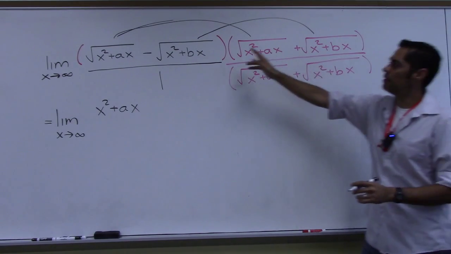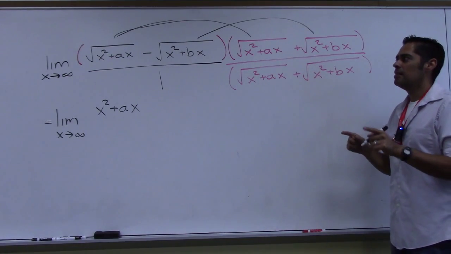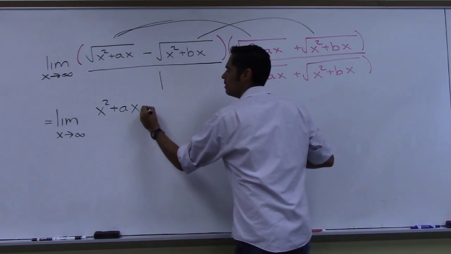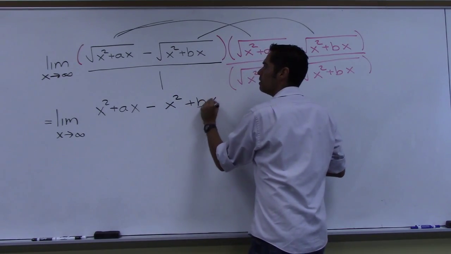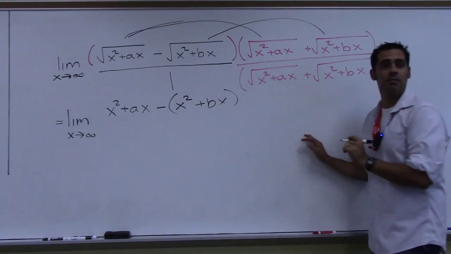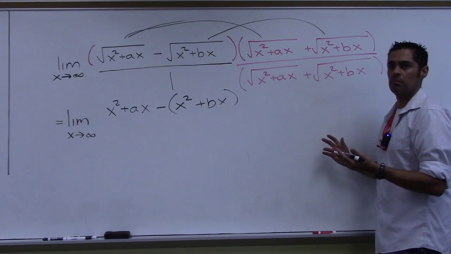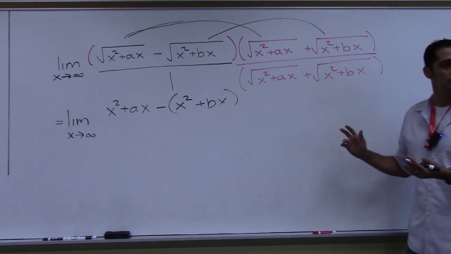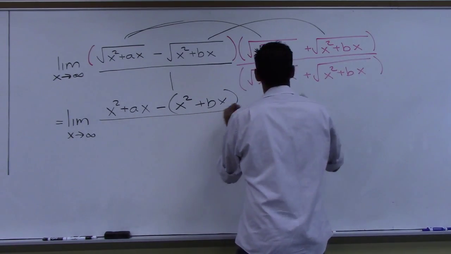But it's a negative, because it's positive times negative. So you have minus x squared plus bx, and you could put it in parentheses, or you could distribute the negative now. It's up to you. Understand? And then that's still over this conjugate.